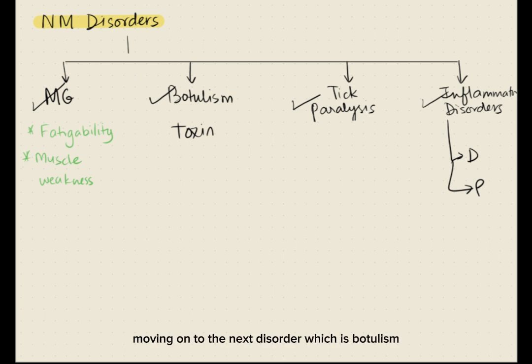Moving on to the next disorder, which is botulism. We know that it is a toxin-mediated illness, usually from canned fruits or wounds. The interesting feature is that it causes a descending paralysis. Usually, it is caused by Clostridium botulinum, which is an anaerobic spore-forming bacteria.